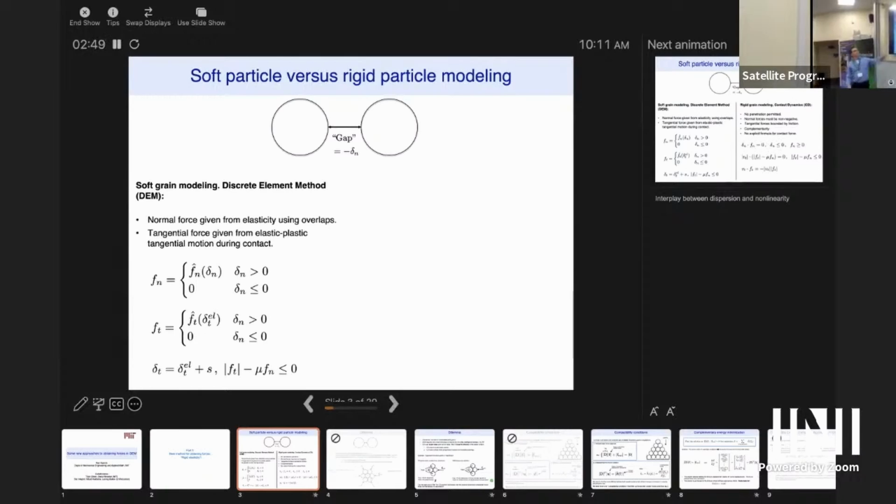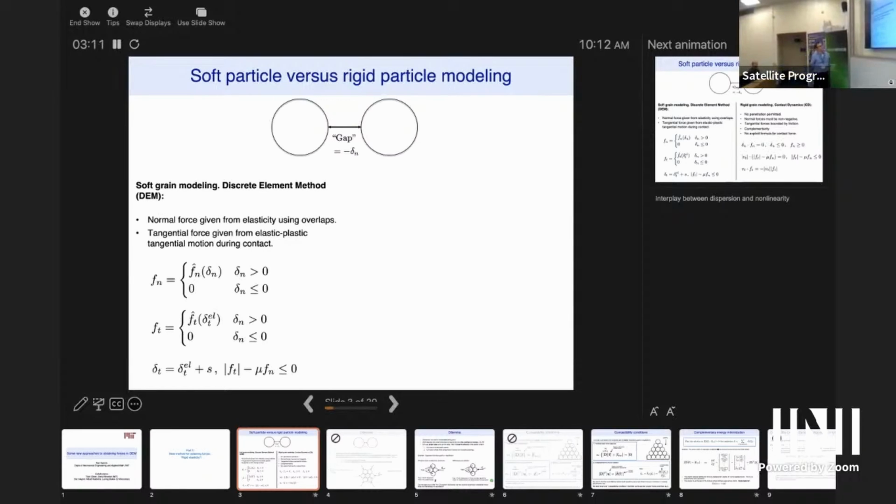Here you've got two grains, separated by some gap, which is minus the overlap, delta N. In DEM, you typically press them until you imagine that they actually overlap, and the overlap distance becomes the way that you figure out the force. So you think of it like a spring. You actually press them into contact.